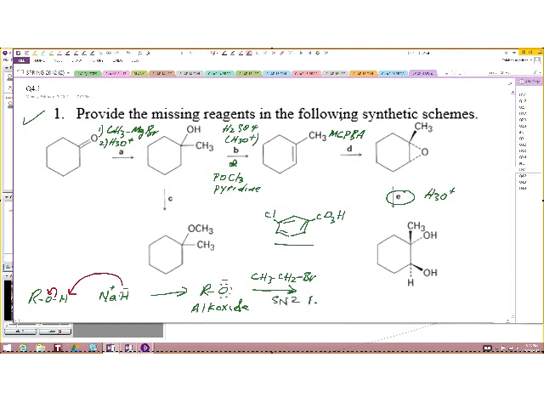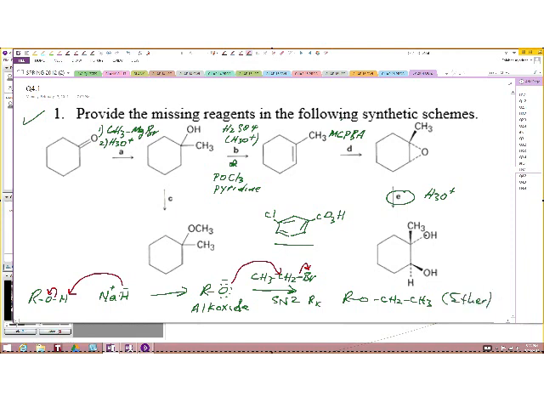So this is an SN2 reaction. What do you have here? The alkoxide comes here, displaces the bromine, the leaving group, and now you form an ether.